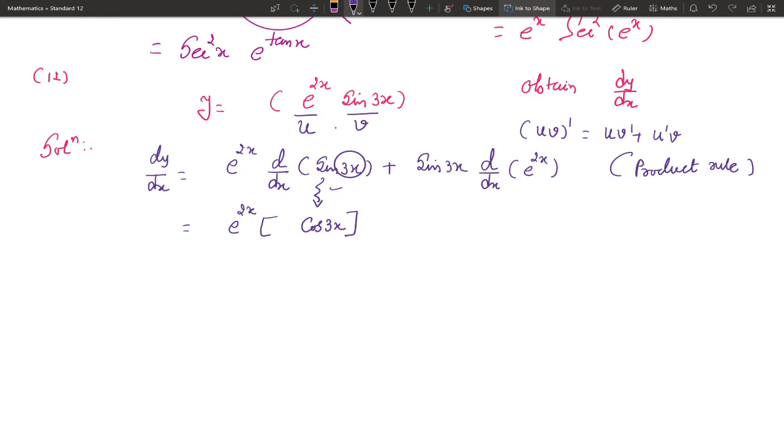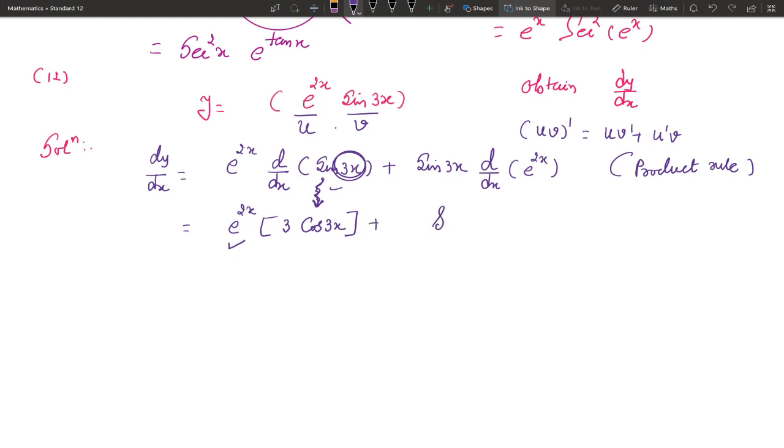So by chain rule, into d by dx of 3x, that is 3. Again see e raised to 2x as it is, derivative of sine, it is cos 3x into by chain rule d by dx of 3x, so it is 3.